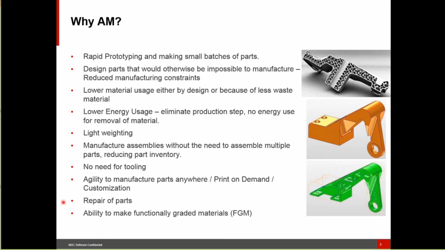But there are some nice abilities to repair parts, especially using deposition methods. And there are some nice ways of producing functionally graded materials, either through novel designs like this, where the holes are smaller here than the holes are there, or in deposition methods of actually using multiple materials.